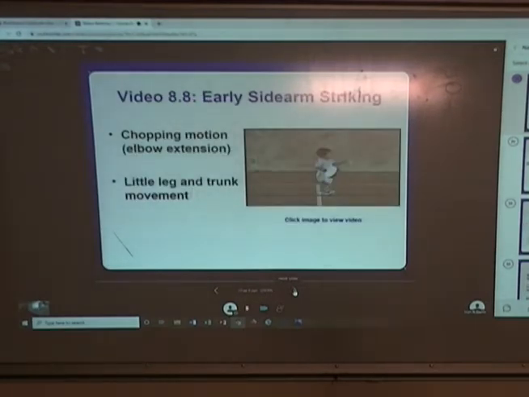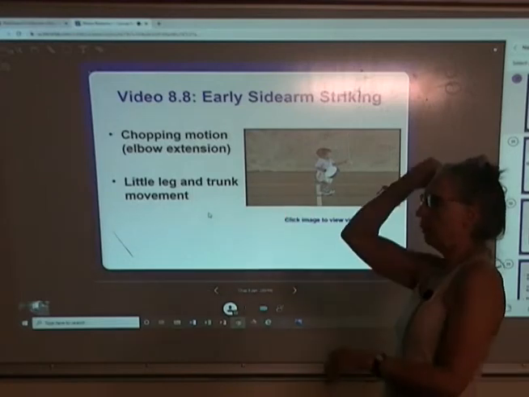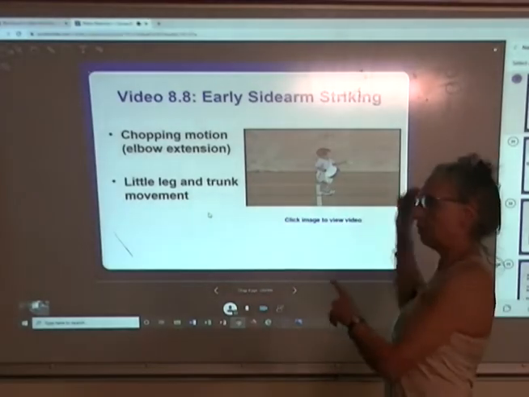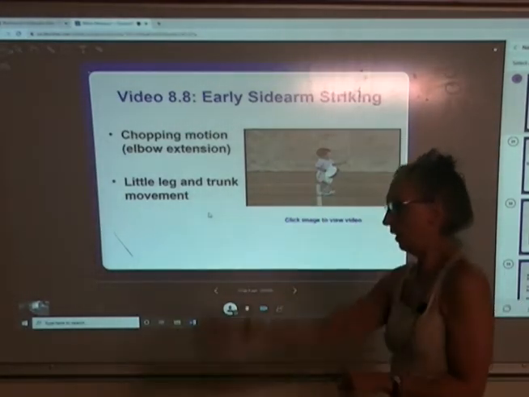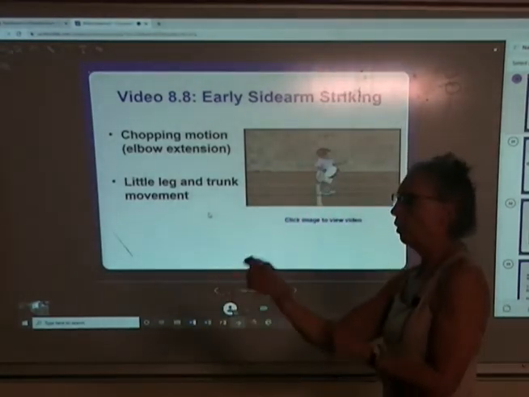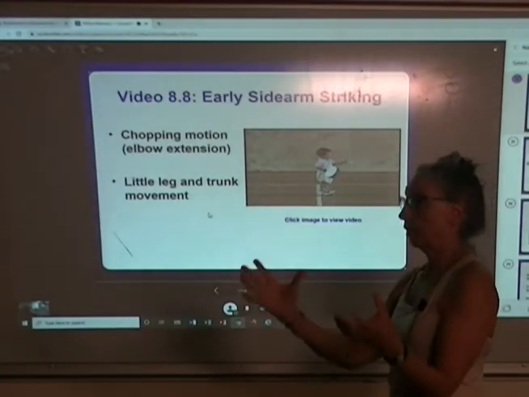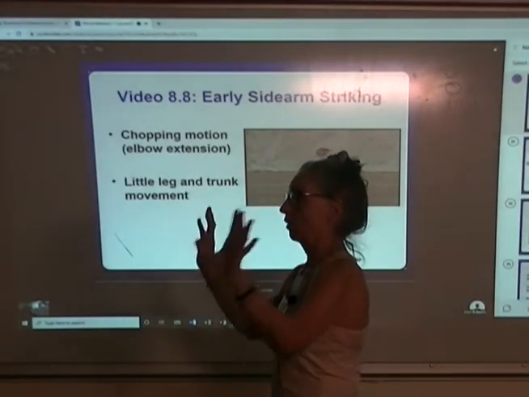Okay, so early sidearm striking, I'm going to show you this piece of film. We get a chopping motion, so it's very similar to throwing, right? Even though it's meant to be sidearm, we tend to see children chop down onto the ball. I can't remember whether anyone was doing that last week, because I was all over the place.